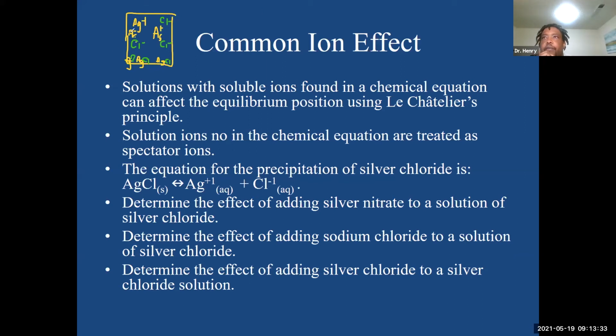Now, if I add silver nitrate, as soon as I add silver nitrate, nitrate isn't going to react with anything. It's not going to cause anything to precipitate. Nitrate never precipitates. It's always going to be ionic unless we boil everything out, right? So we're going to add silver nitrate to our solution.